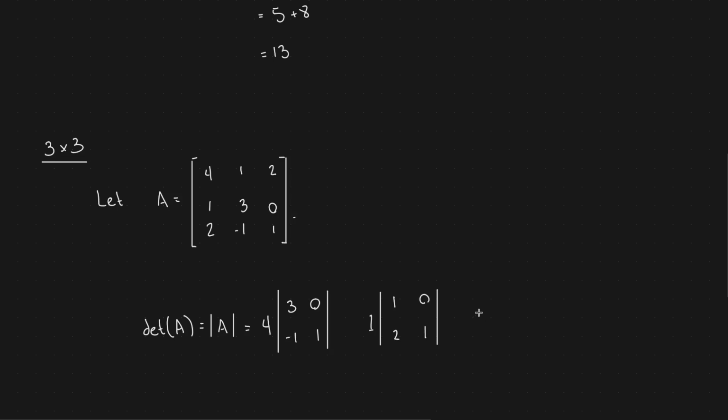That's going to be 2 times the determinant of 1, 3, 2, -1. And then alternate signs. So plus, I don't really need it, it's already a positive, so I'll just leave it off. Minus, plus. Okay?